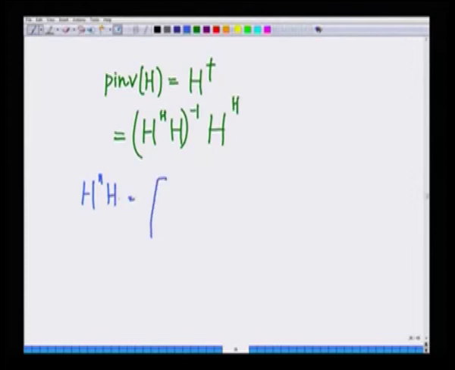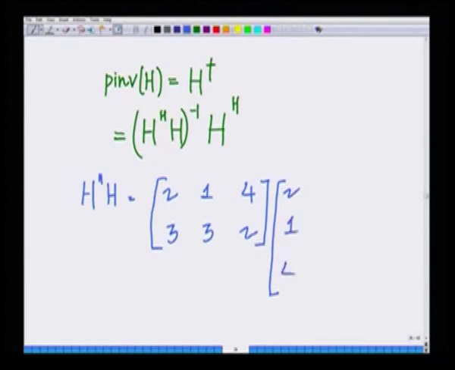H Hermitian H is nothing but 2 1 4 3 3 2 times 2 1 4 3 3 2. This is a real matrix, so Hermitian is nothing but transpose. You can verify this matrix: the first entry is 4 plus 1 plus 16, that is 21.